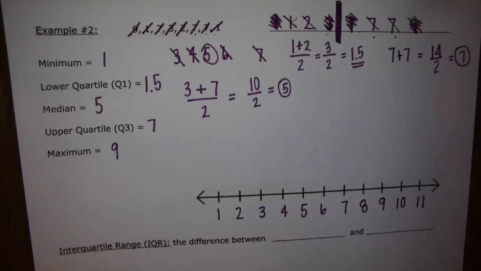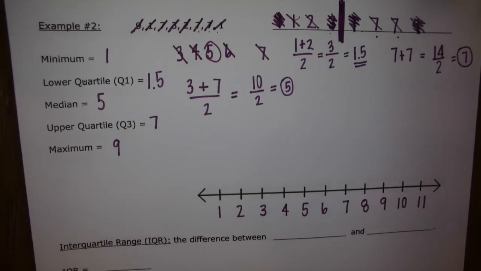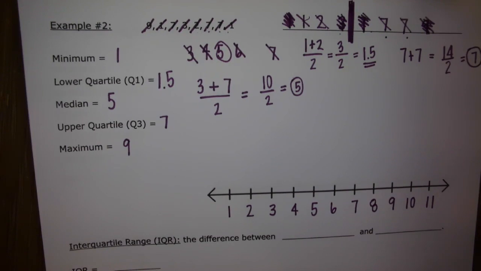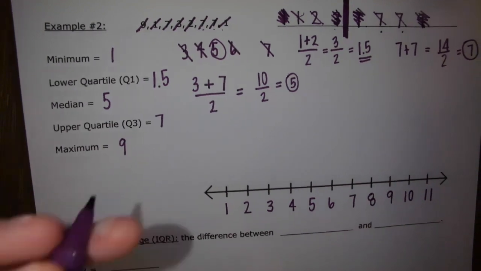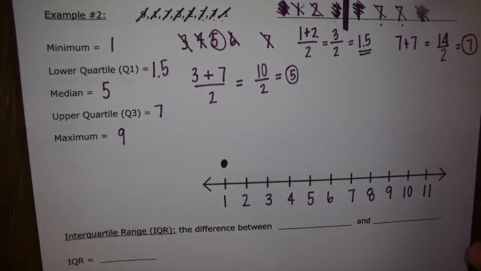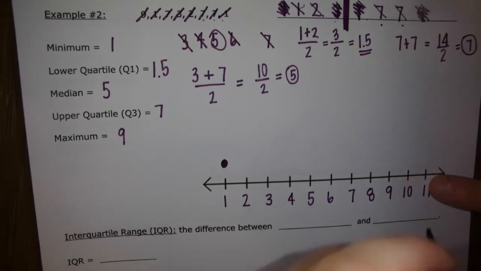Just finish it out for good measure, 10 and 11. Awesome. So now we need to begin plotting. If you remember from last time, we have our minimum and maximum that we always plot first. So my minimum is going to get a dot at 1. My maximum is going to get a dot at 9.